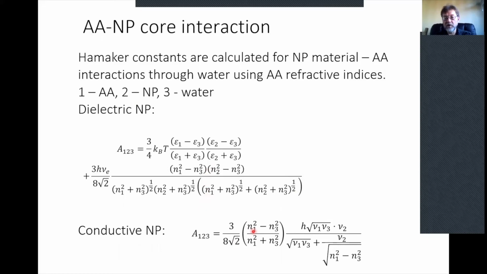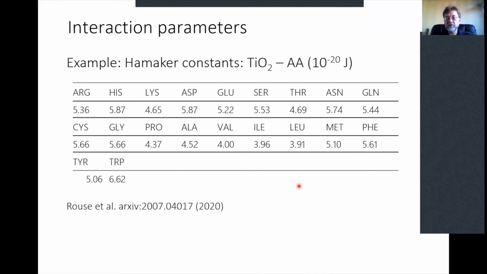What we need to know is the refractive index for proteins, which we know from experiments. For materials, we can either calculate refractive indices using DFT or take them from experiments. This is the only experimental input for our simulations, but we need it to calculate the long-range part of the interaction of each protein with the bulk of the nanoparticle.